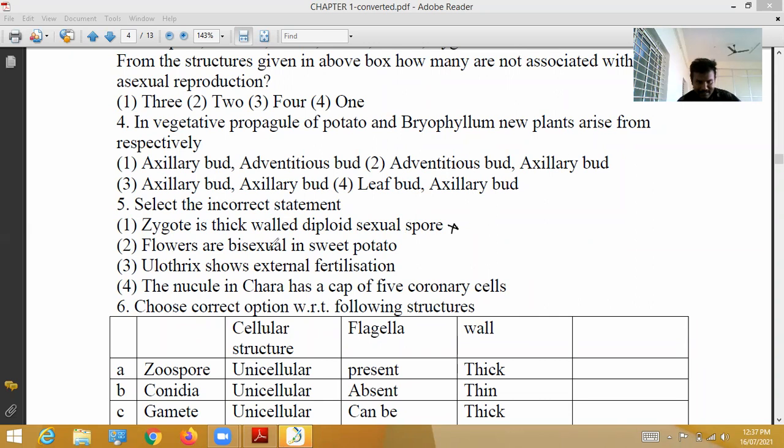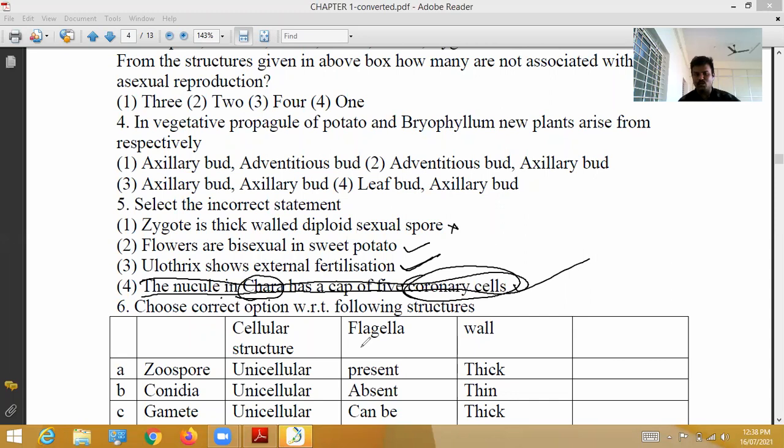Let's see. Flowers are bisexual in sweet potato. Yes, it is correct. Ulothrix shows external fertilization, in a water medium. In first PUC we get to know that; in second PUC it is not given in the textbook. The fourth statement, about the nucleus in Chara plant, also is not in our book, but it is a true statement.